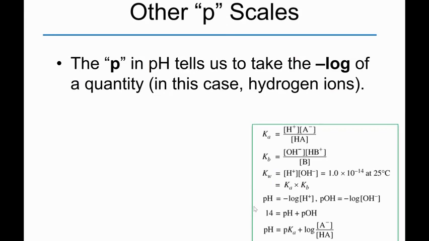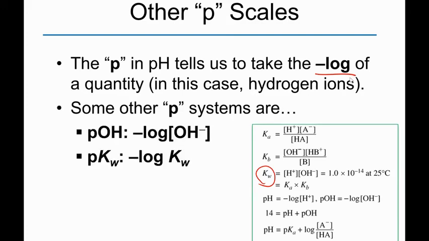Okay, so other P scales. The P in pH tells us to take the negative log of something. So don't freak out anytime it says pH, pKa, pOH. That just means whatever it is, take the negative log of it. So one of the things you'll notice, we have this Kw here. Well, if something said find the pKw, what that means is take the negative log of the Kw.